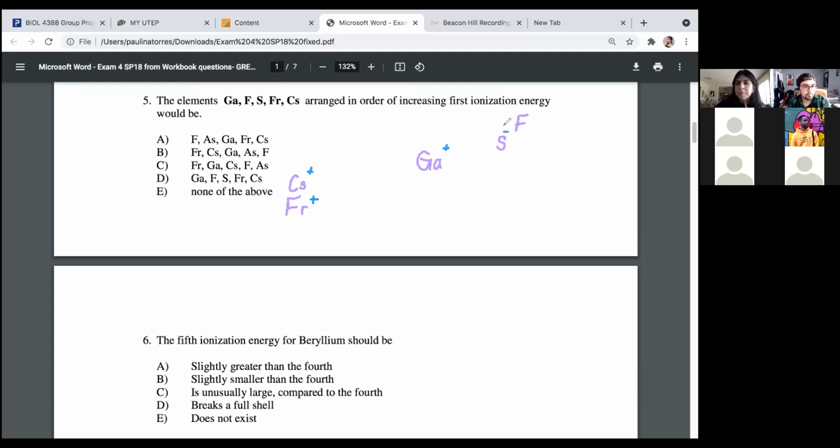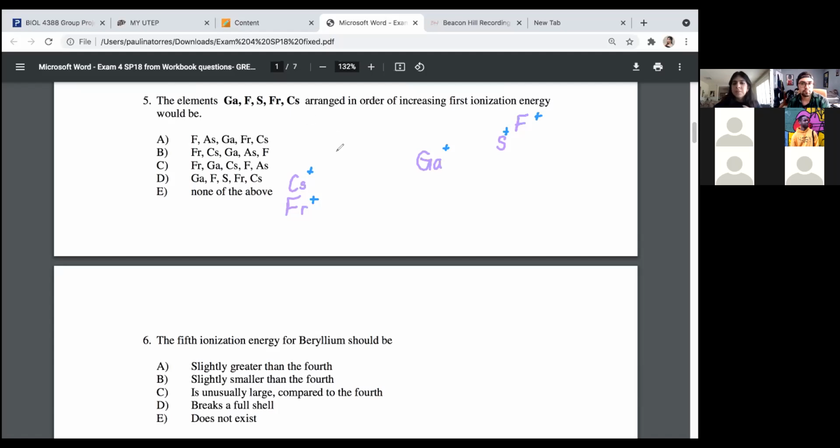Now, essentially all the elements, when they're losing or gaining electrons, what do they want to become? Like a noble gas? Yes, like a noble gas, exactly.